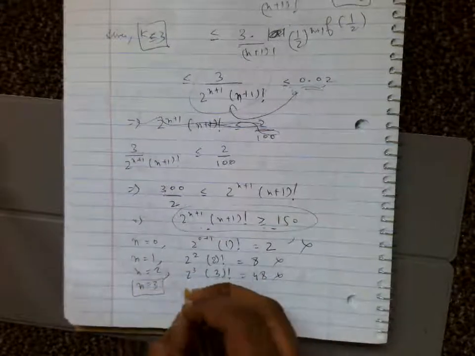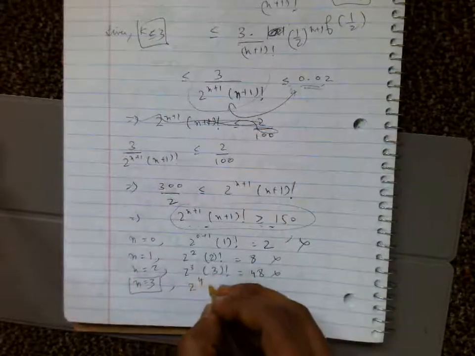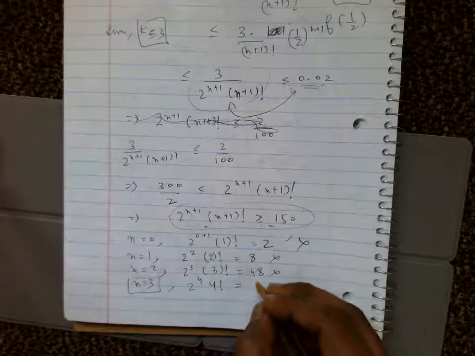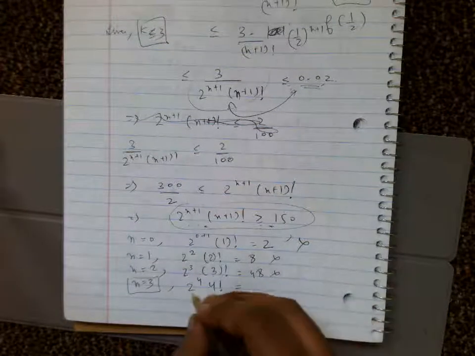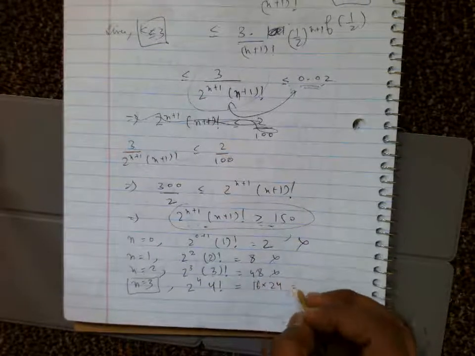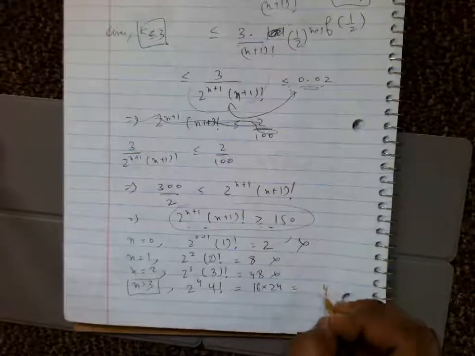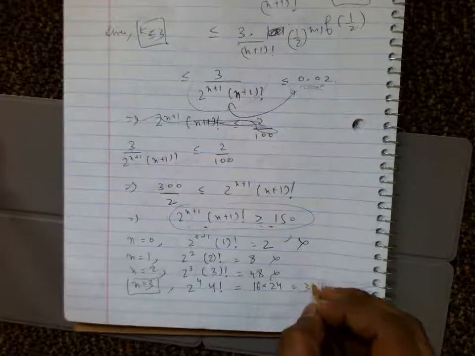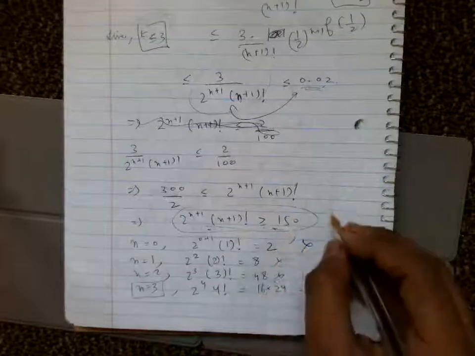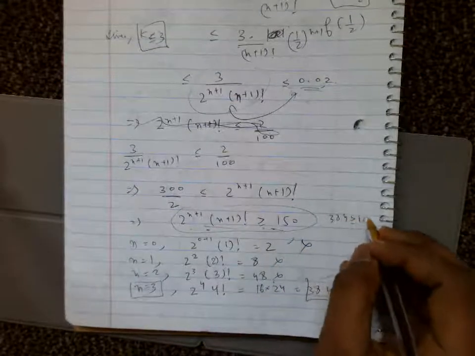For n equal to 3, we get 2 to the power 4 times 4 factorial, which is 16 times 24, which is equal to 384. So this satisfies the inequality. 384 is greater than or equal to 150.